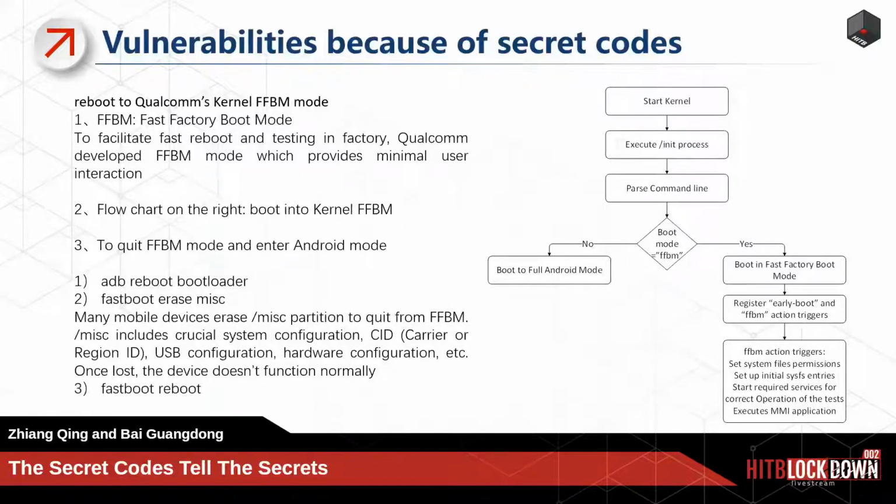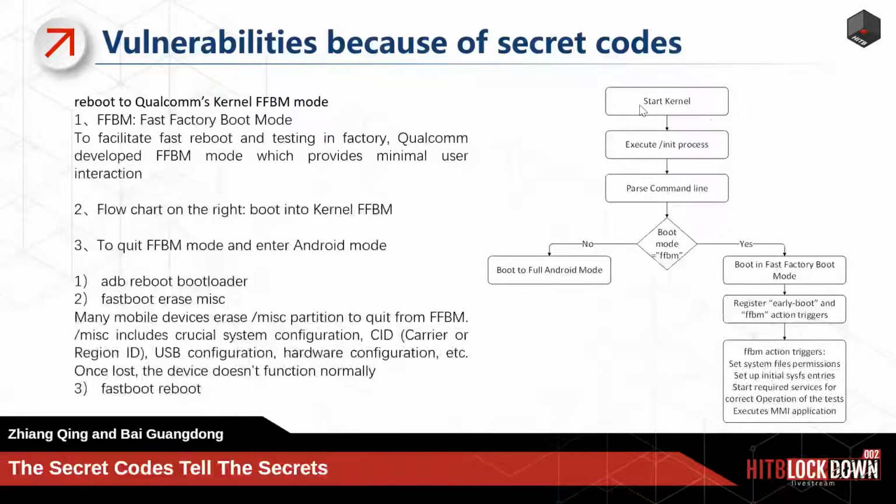This mode is developed to be used by manufacturers, and is used to facilitate fast reboot and testing in a factory. It only provides very minimal user interaction, so that it can reboot very fast compared with the normal Android operating system. On the right-hand side, this flowchart gives you a quick introduction to the booting process into the kernel FFBM mode.